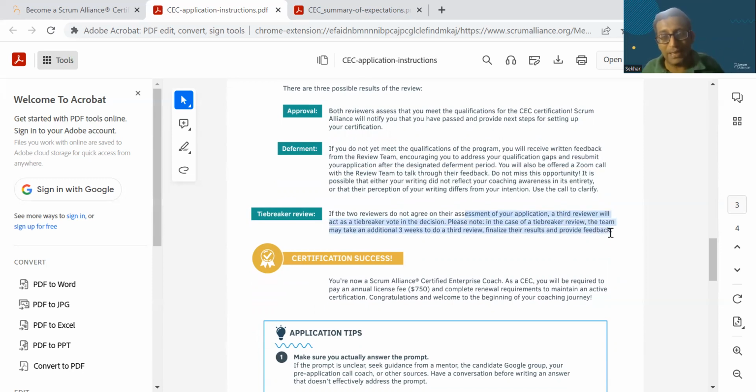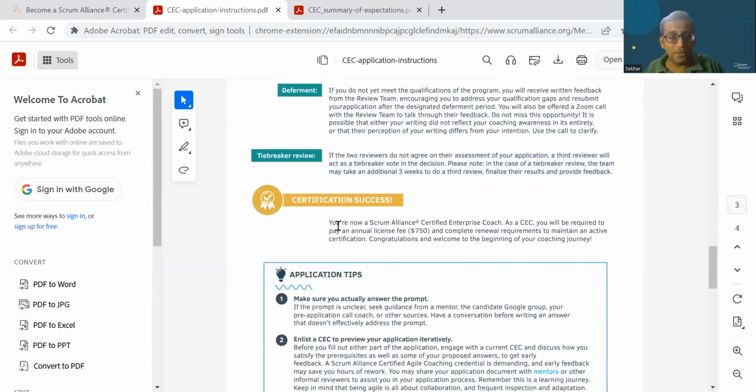Please note that in case of a tiebreaker review, the feedback may take an additional three weeks to do the third review, finalize the result and provide the feedback. After you get the certification, you can download it, and there are steps on how to download it.